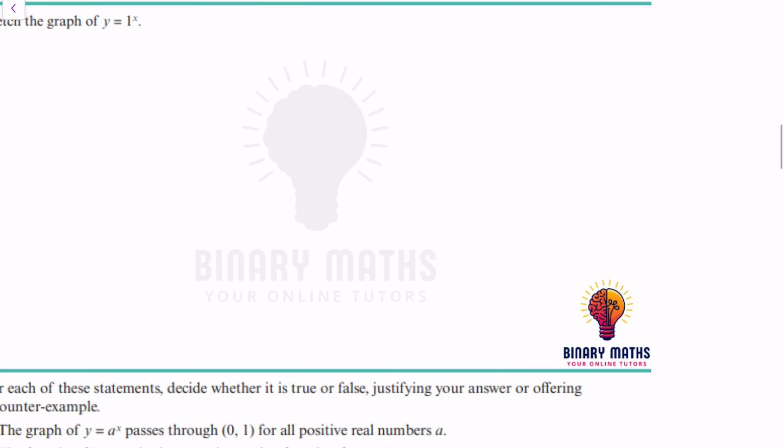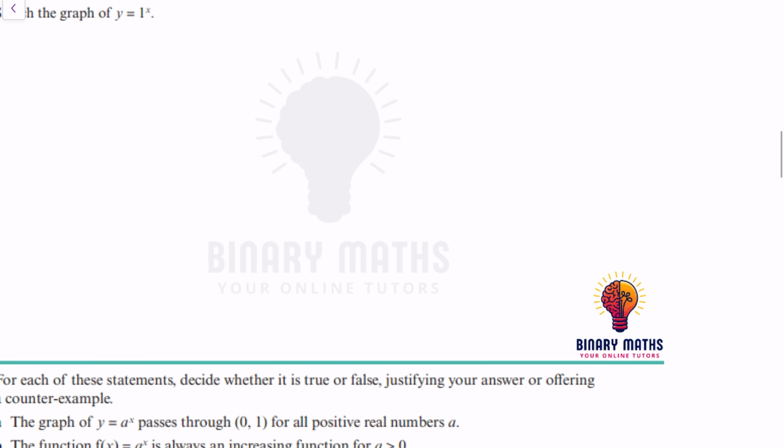Sketch the graph of y is equal to 1 to the x. Now, 1 to the x is always equal to 1 for all x that are elements of the reals, because if you raise 1 to any number, you're always going to get 1.